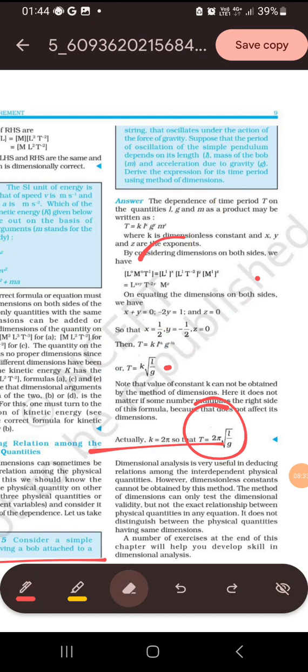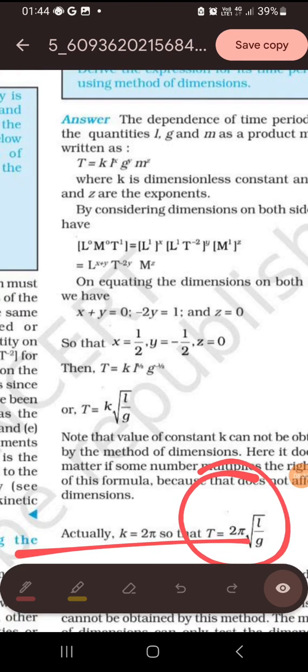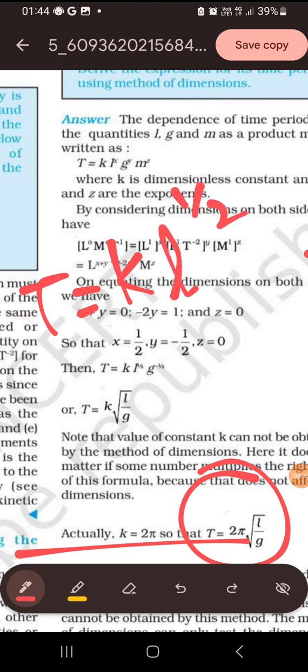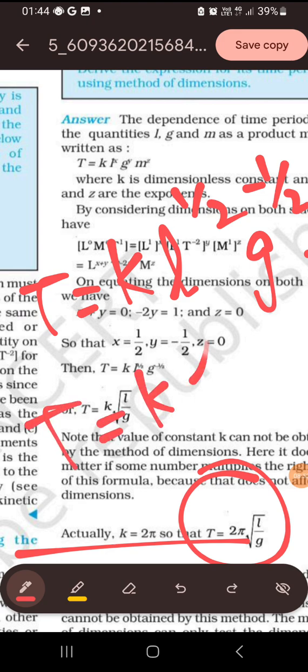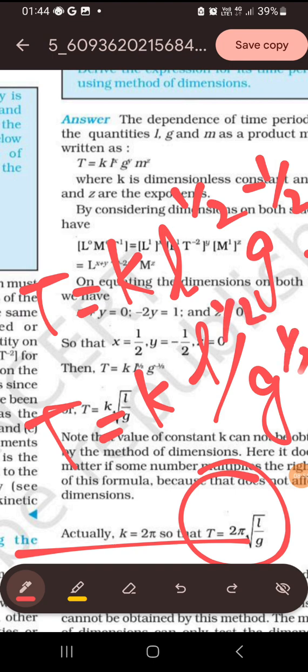So on equating all these, you'll get the value: T is equal to K of L to the half, g to the minus half. To remove the minus, K root of L by G, it's all to the half.